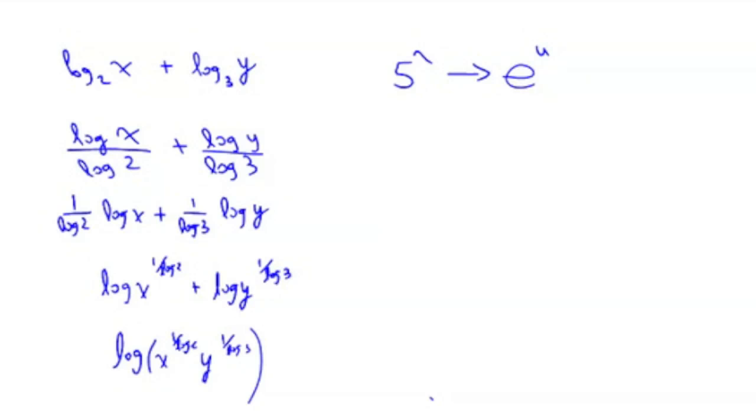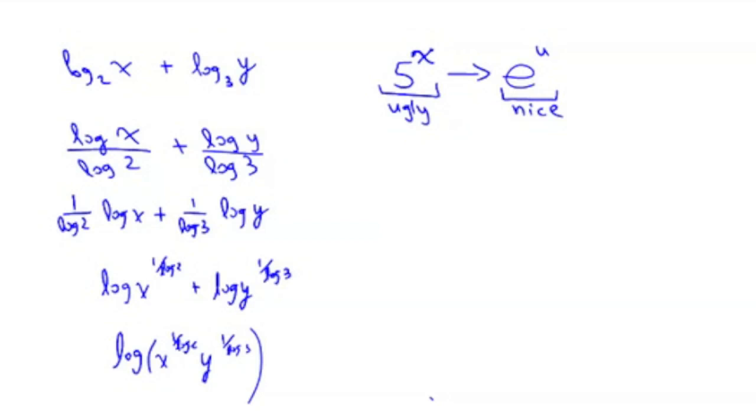Why? Because in calculus, 5 to the x is a horrible thing to work with, but e to the x, or e to the u in this case, is really simplistic. I'll give you a hint later on. You won't know what I'm talking about, but I'll show you how ugly it gets.